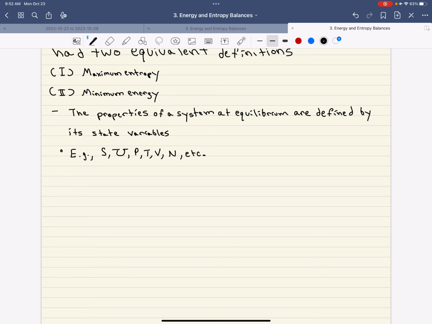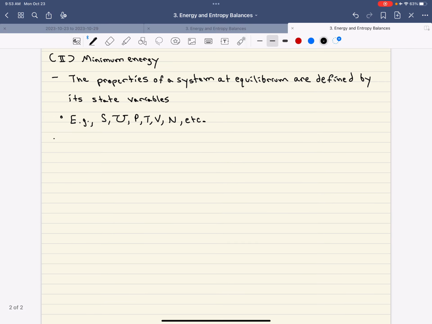Okay? Now, for a given temperature, a system will achieve some sort of equilibrium. But if that temperature is changed, then the equilibrium properties of the system will also change, and the system will evolve towards that new equilibrium state.